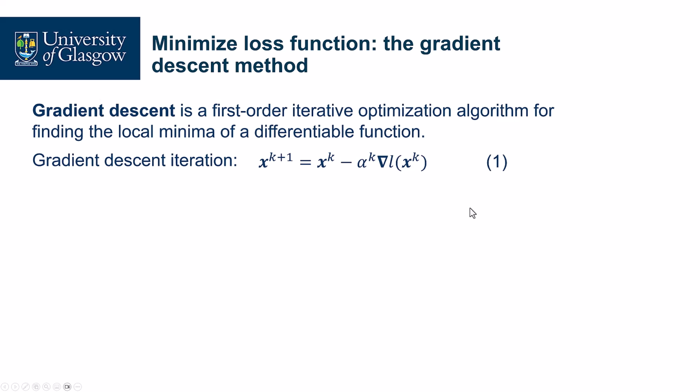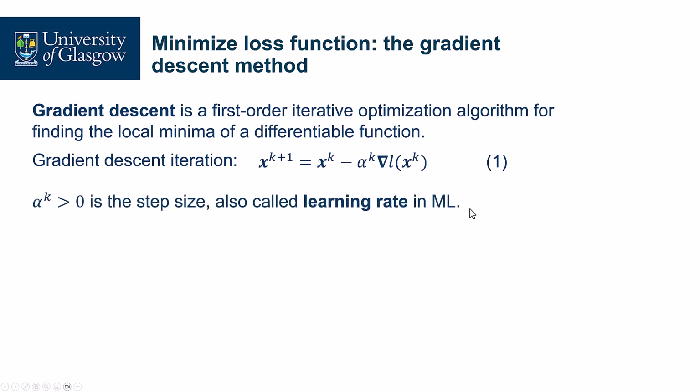Alpha k is called the step size, and alpha k must be larger than 0. In machine learning, we call it the learning rate. This term we read as the gradient of the loss function L at the point xk.